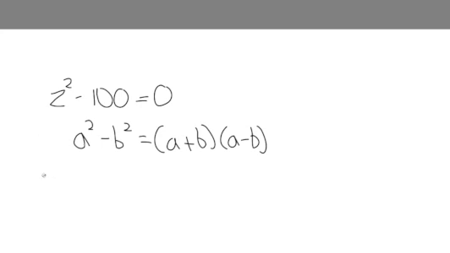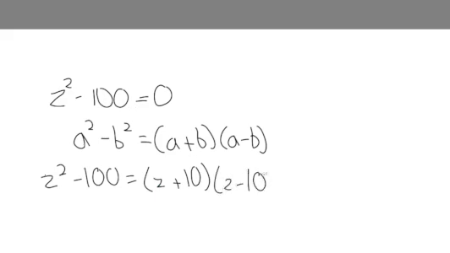So z squared minus 100 equals z plus 10, since 10 is the square root of 100, and z minus 10. And we set that equal to 0.